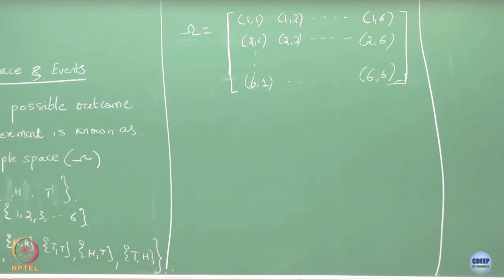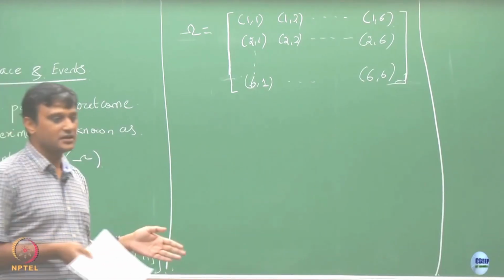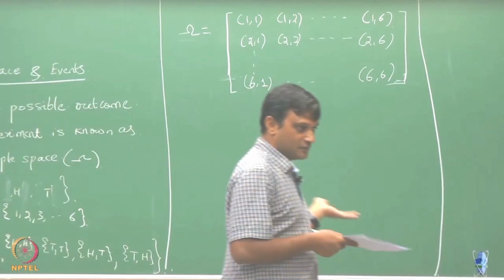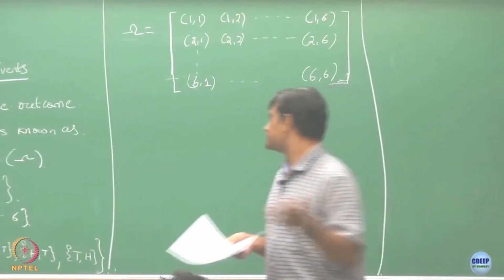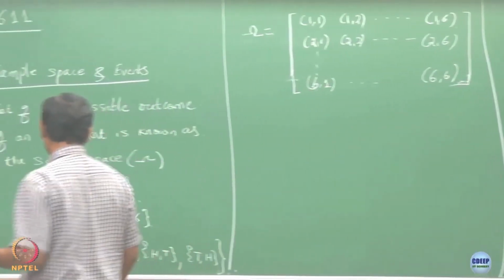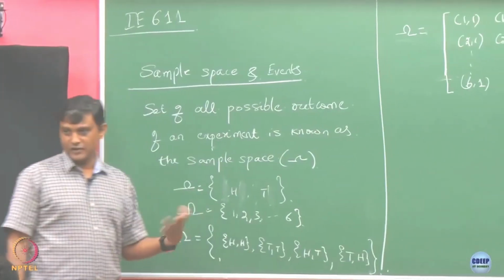So these are very toy trivial examples where as soon as I tell what the experiment is, you right away know what the outcome is going to look like. Okay. So we will leave up to our convenience how we are going to represent it.